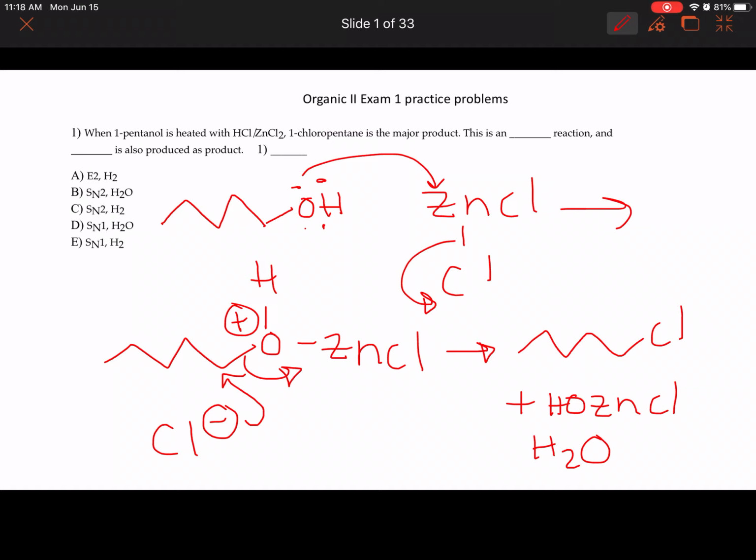So in this process, this is an SN2 mechanism, and water is also a product, H2O, not hydrogen gas, it's just H2O. Okay, so that's the answer for the first one.